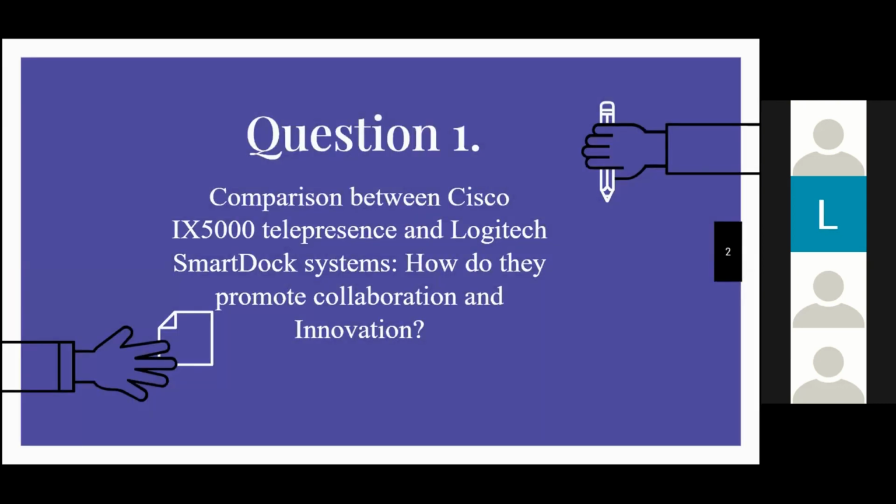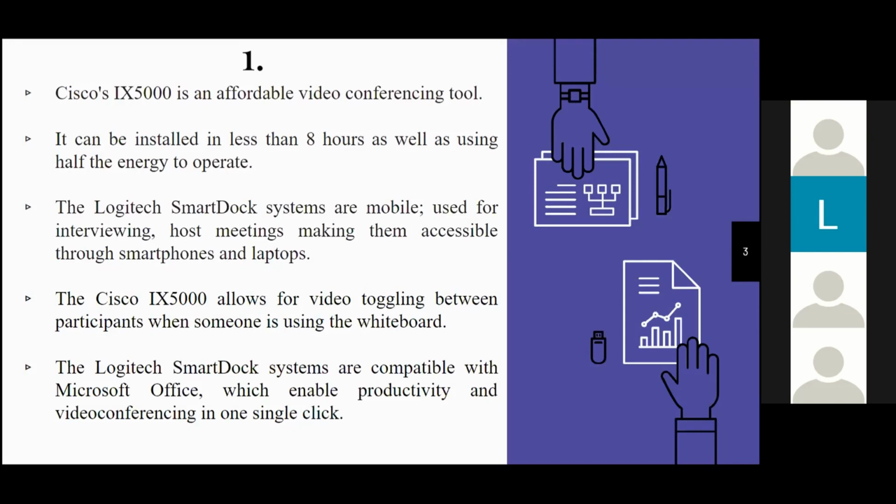Question number 1, comparison between Cisco IX5000 telepresence and Logitech Smart Dock systems. How do they promote collaboration and innovation? In comparison to earlier technology, Cisco's IX5000 is a reasonably priced video conferencing solution. 3 high-resolution cameras, CMPs, surround sound, and room for up to 18 participants.